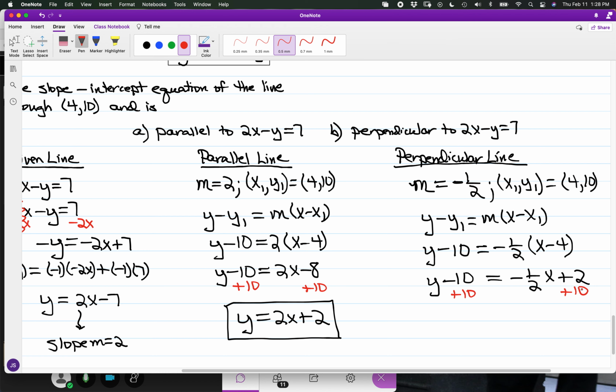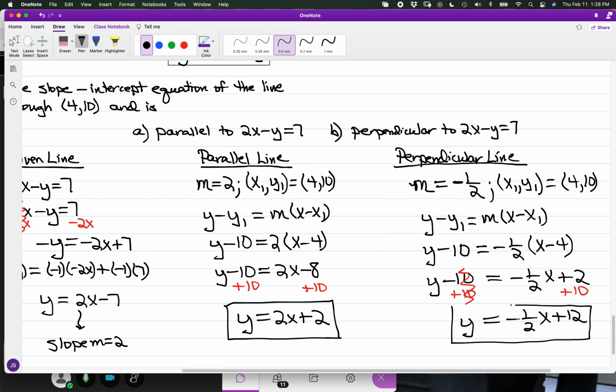And adding 10 to both sides, it's going to follow that y is equal to negative 1/2 of x plus 12.